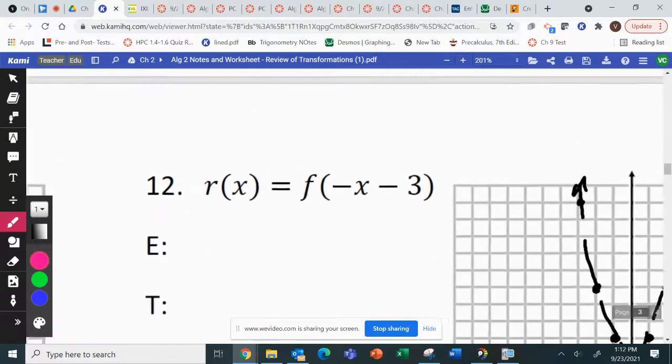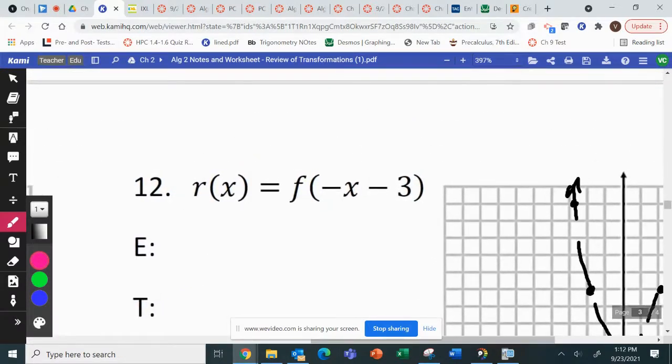Okay, so the reason why number 12 is different is we have a reflection, a horizontal reflection, and we have a horizontal translation. We have two horizontal transformations.